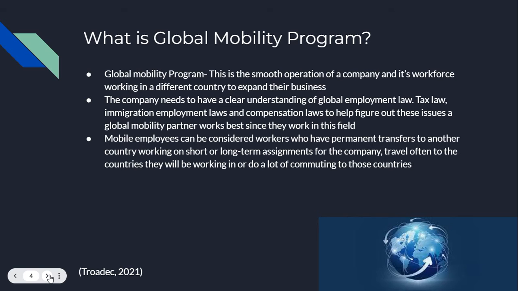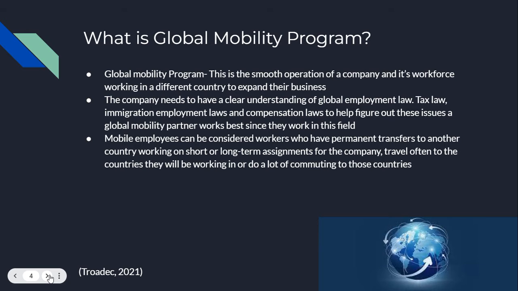So the company needs to have a clear understanding of global employment law, tax law, immigration and employment laws, and compensation laws. To help figure out these issues, a global mobility partner works best since they work in this field and they already know what to expect when transferring a company from one location to a different location in a different country.